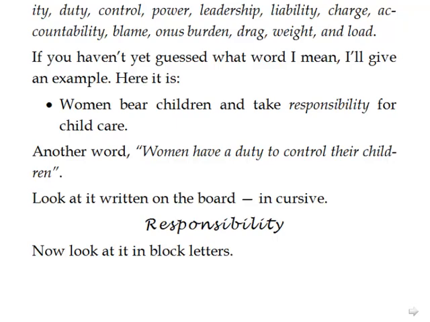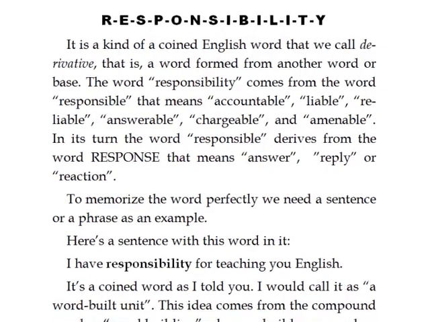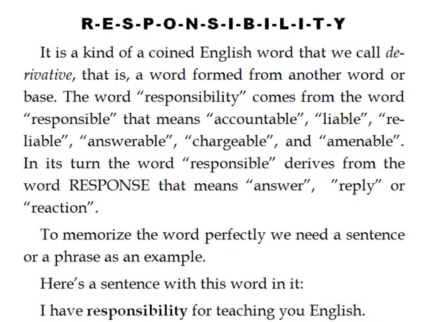Look at it written on the board in cursive. Responsibility. Now look at it in block letters. Responsibility. It is a kind of a coined English word that we call derivative, that is, a word formed from another word or base.